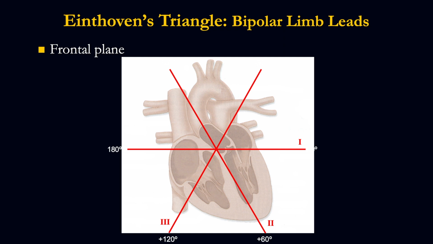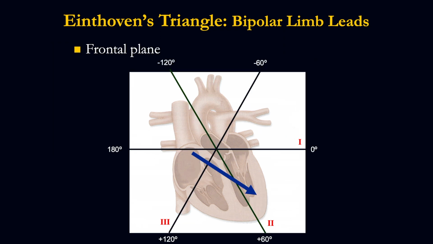That separates the heart into degrees. Lead 1 looks at the electrical activity of the heart from 0 degrees. Lead 2 looks at the heart from a 60-degree position. And lead 3 looks at the electrical activity from a 120-degree position. We can add the corresponding negative angles, -120 and -60 respectively, to complete this hexaxial reference system.